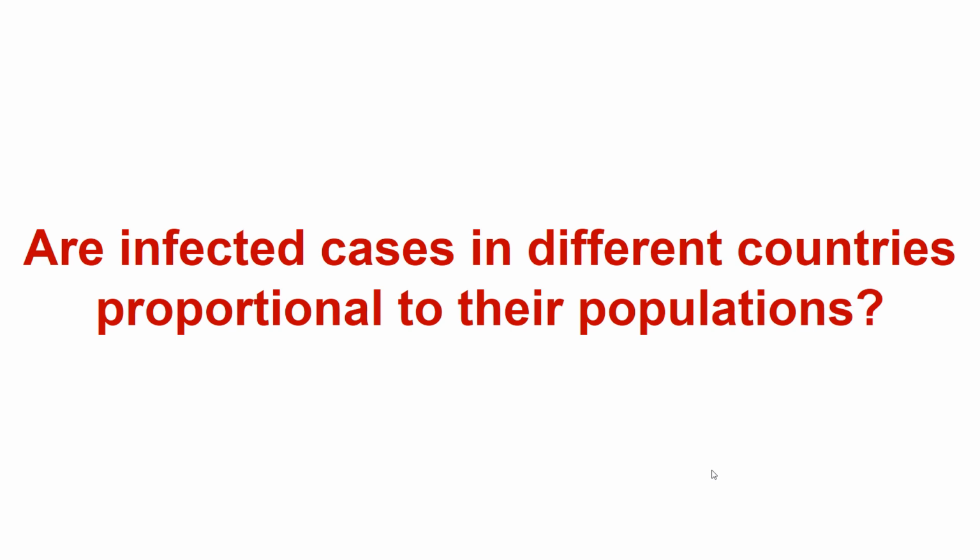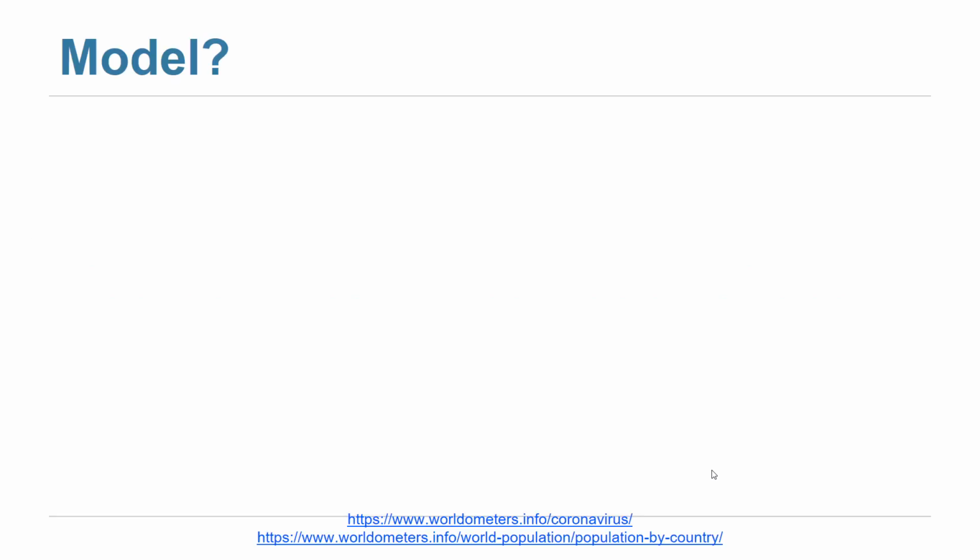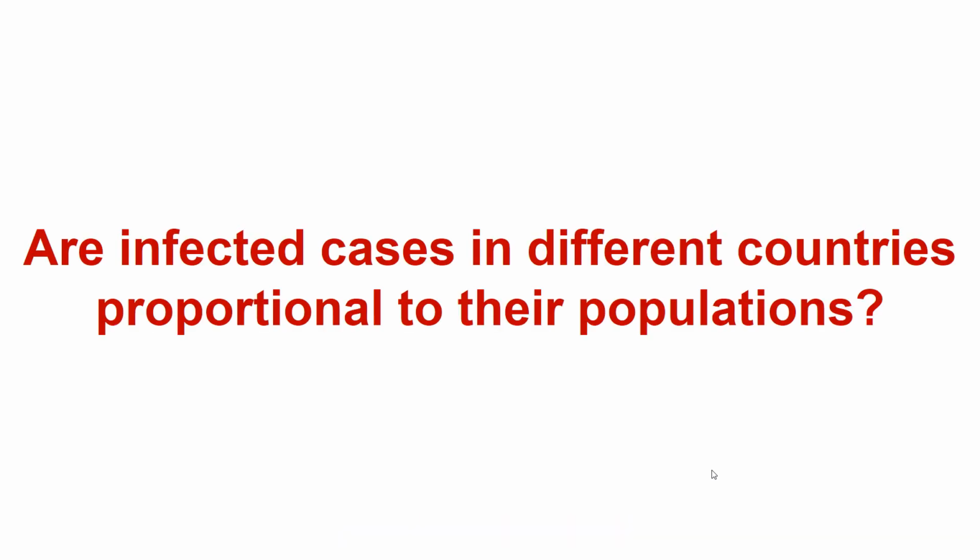What is the model here that we want to test? What is the model that we have in mind about the data, in the context of answering this question? The question is talking about the numbers of infected cases relative to the populations. So what is the assumption that we can start with, that we want to test whether it is right or wrong? Yes, it's proportional to the population.